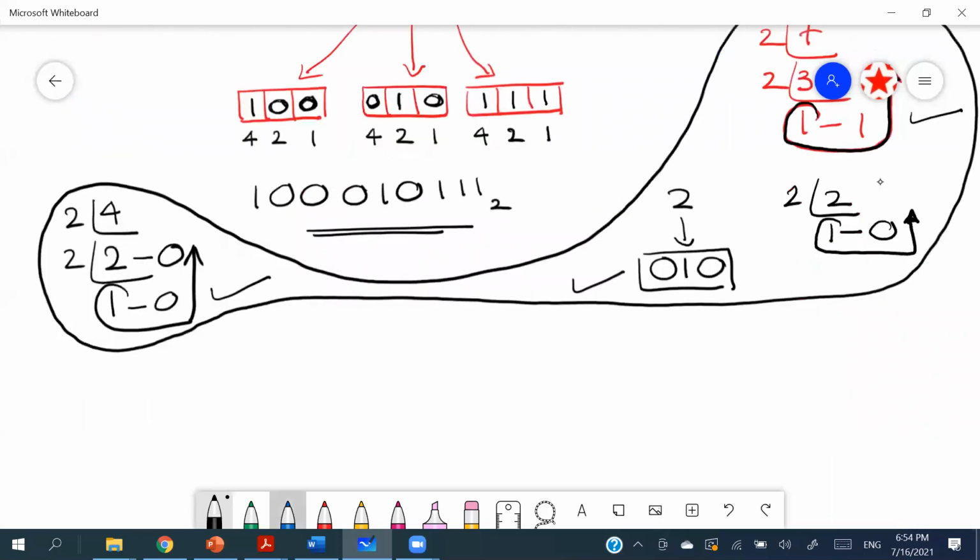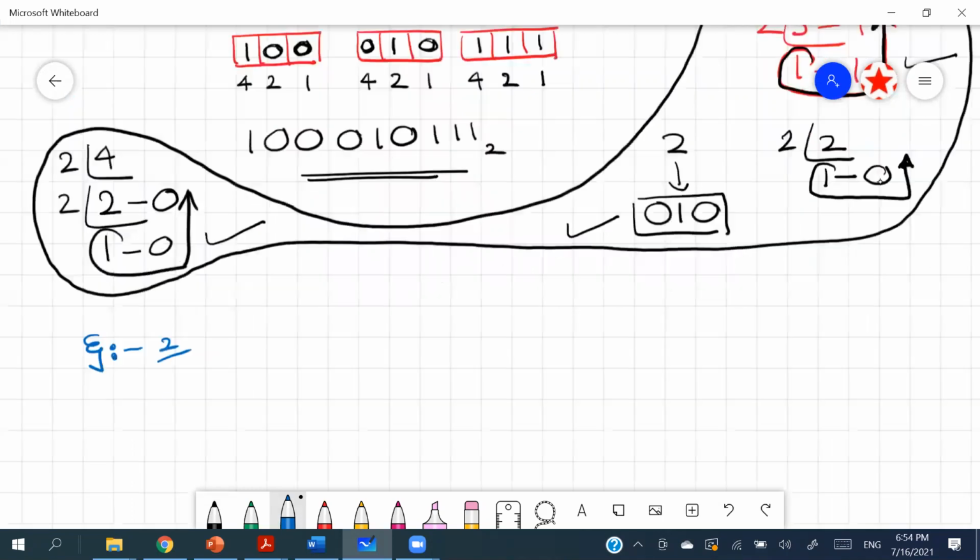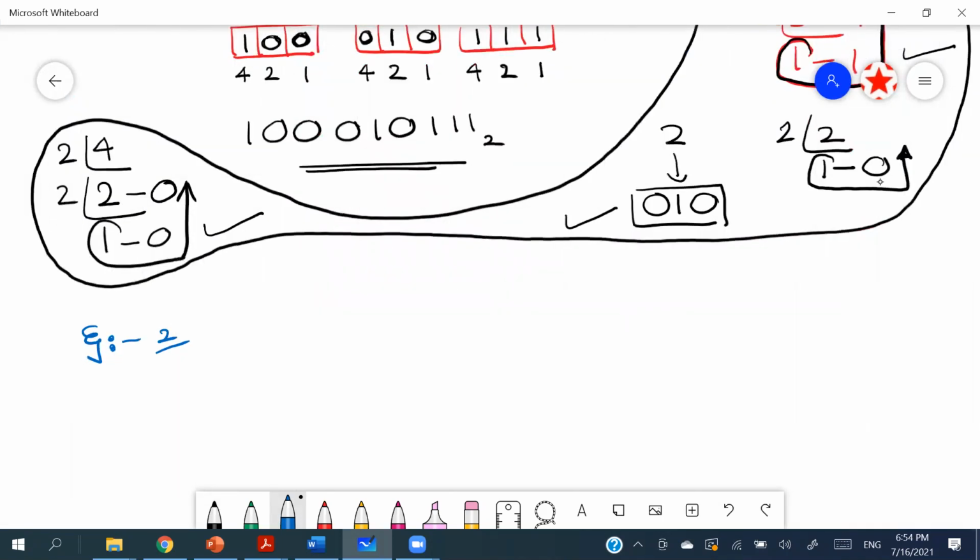So example number 2. Here we are going to convert a hexadecimal one into binary, so we know what is going to happen. When we are converting octal into binary, we consider a particular octal symbol alone and write it using 3 bits.